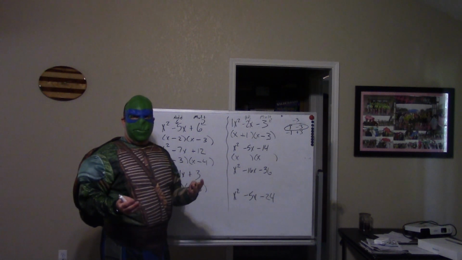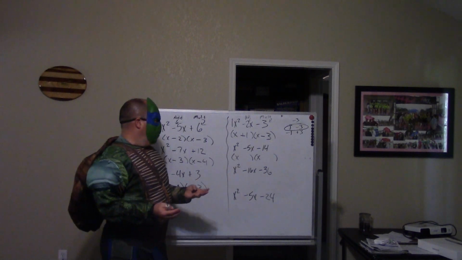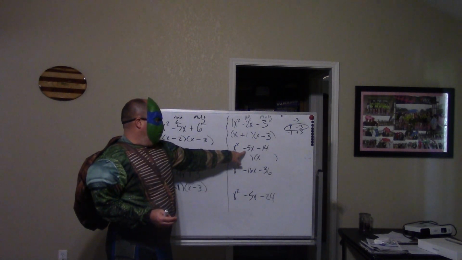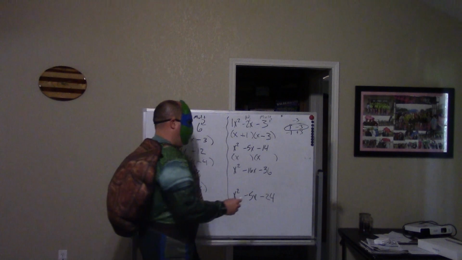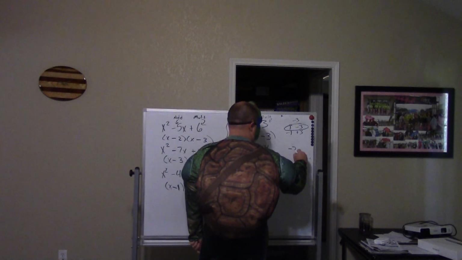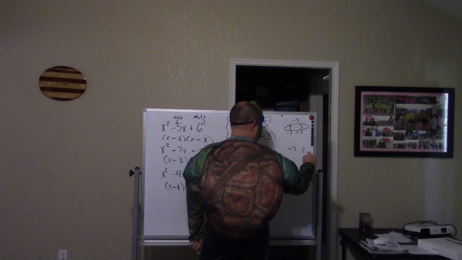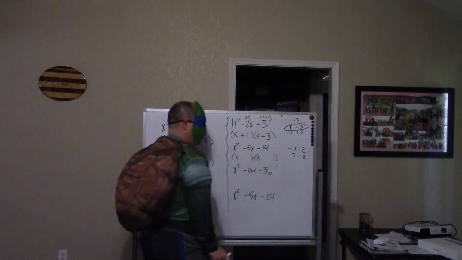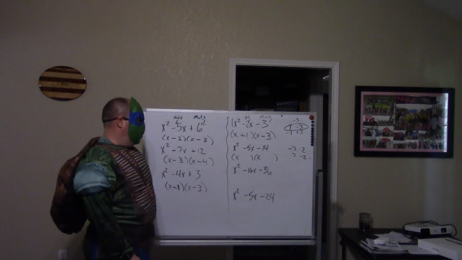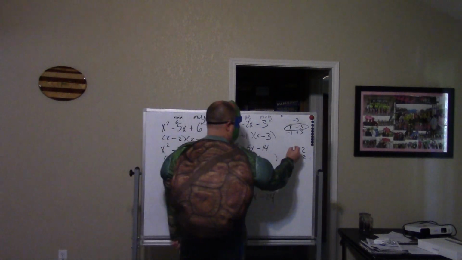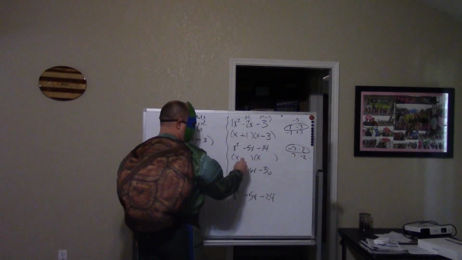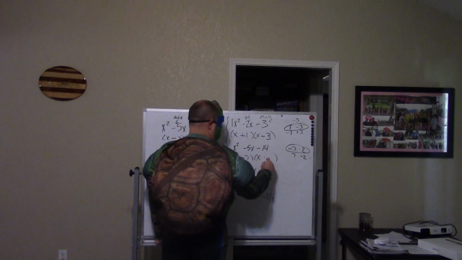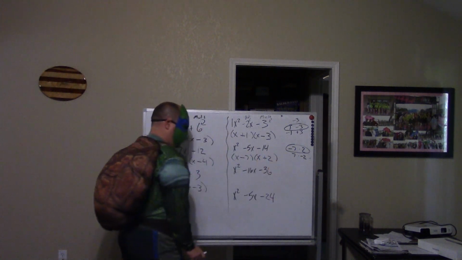I just need to figure out which one needs to be negative so that I can get the negative 5. So I've either got negative 7 times 2, or I've got positive 7 times negative 2. Well, I want to pick the one that's going to get me a negative 5, which is that one. So x minus 7 and x plus 2.